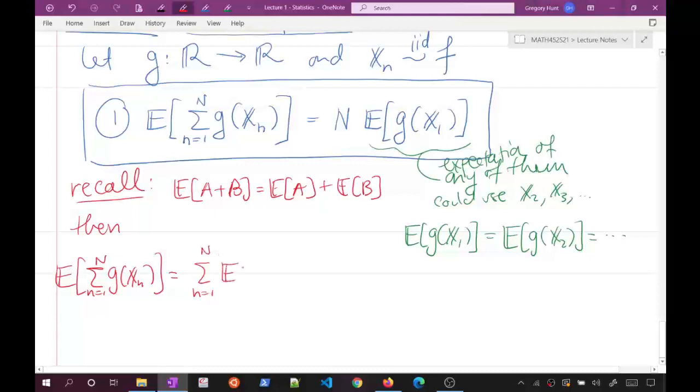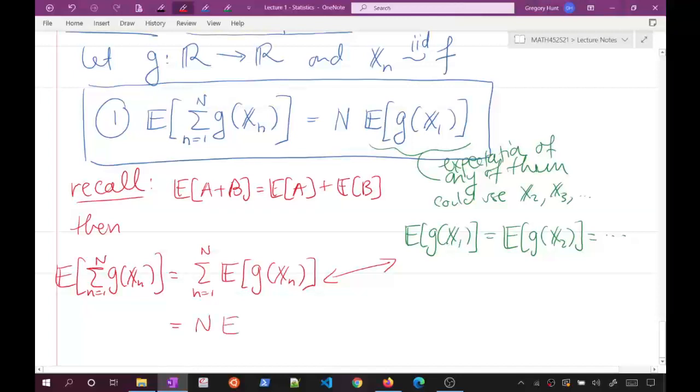And this is the sum of the expectations, but of course they all are the same, right? As we said here, expected value of g of x1 is the same thing as g of x2, is the same thing as g of x3, etc. And so this is just n, the sum of something n times, whatever that thing is.